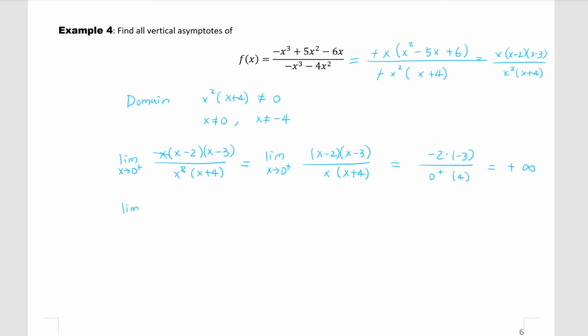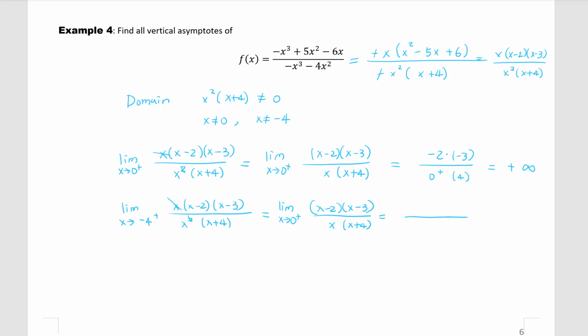Okay, on the other hand, x goes to negative 4 from the right. Let's copy one more time. Okay, and we can also cancel the x here. And then we get x minus 2, x minus 3, over x, x plus 4.